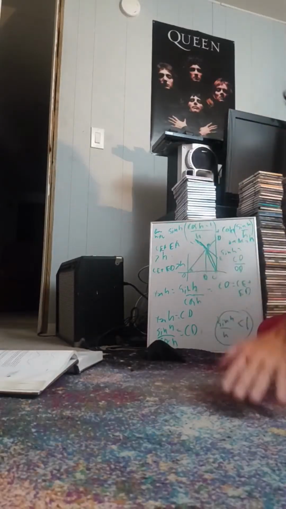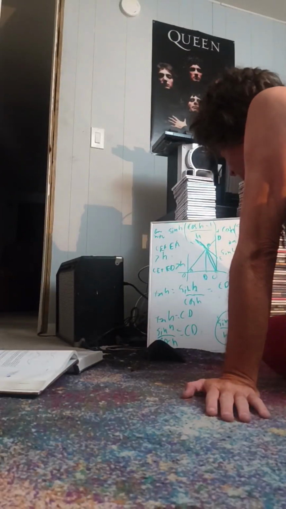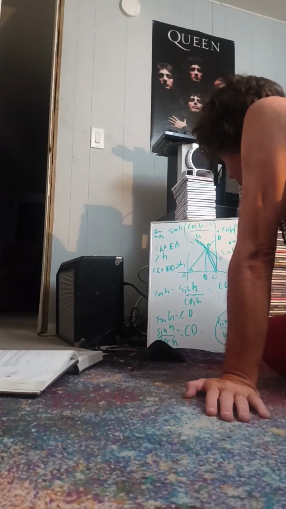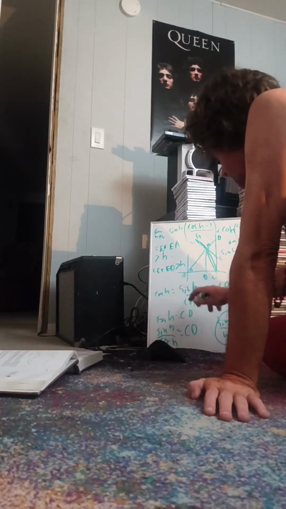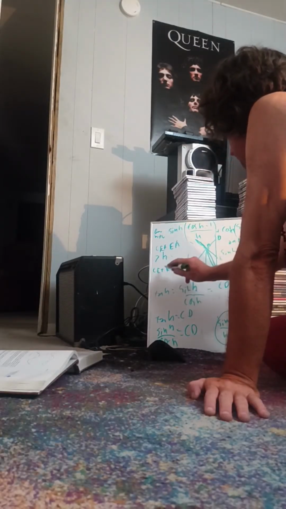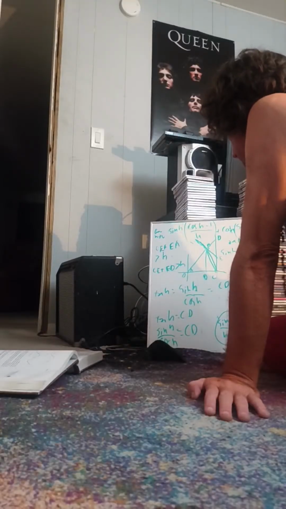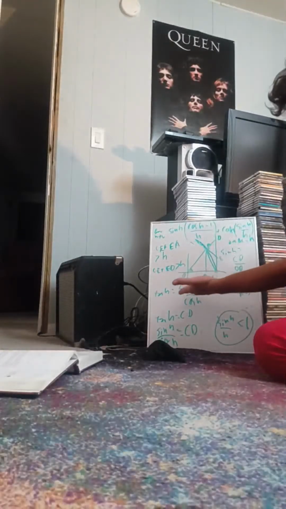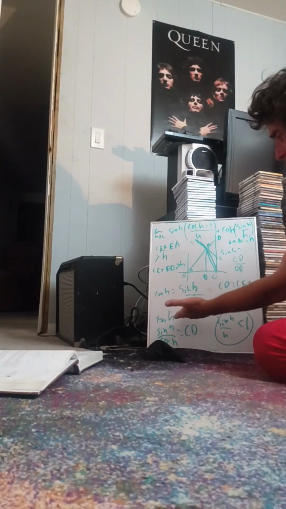What are you going to do about this? Let's see. h greater than h. But I had some identity. Tangent h is CD. So CE plus ED is greater than h. But tangent h is CD.